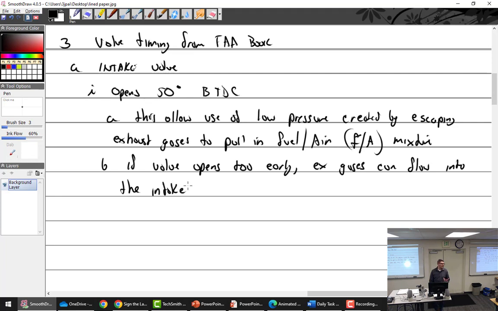So now we've got gas temperatures exceeding 1500 degrees that just went into your fuel air mixture. What happens then? What happens if we ignite all the fuel and air mixture in the intake system?